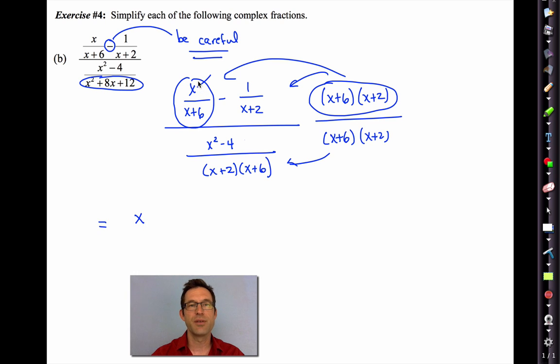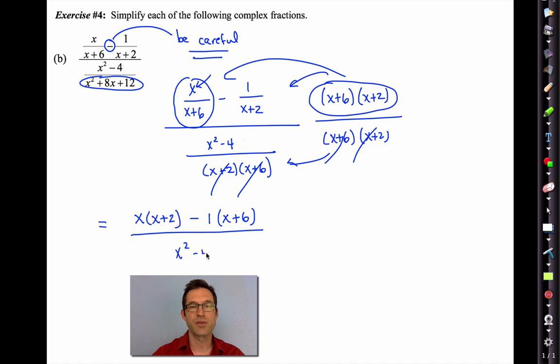And I'm going to be left with this x, and it's going to be multiplying that leftover x plus 2 minus. In this case, the x plus 2's will cancel, and I'll be left with negative 1 times x plus 6. In the denominator, everything cancels, and I'm left with x squared minus 4.